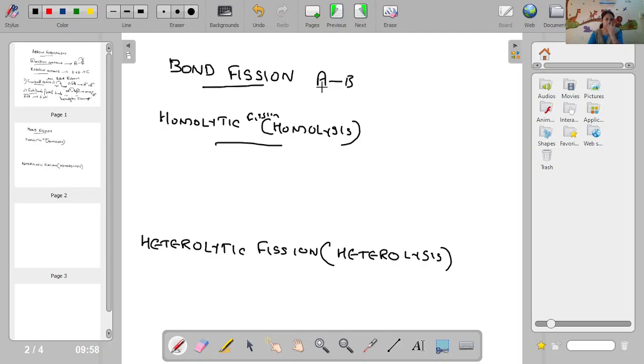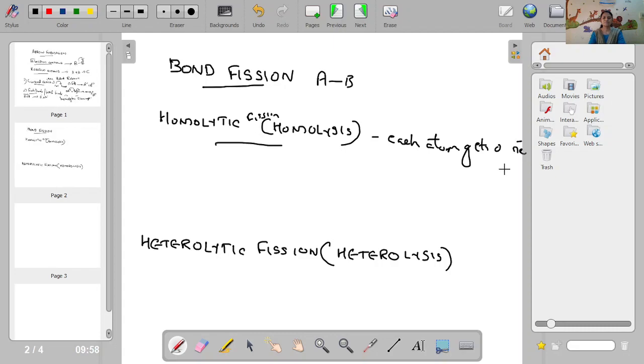So for that, first of all, homolytic fission or homolysis. Homolysis or homolytic fission means each atom gets one electron.